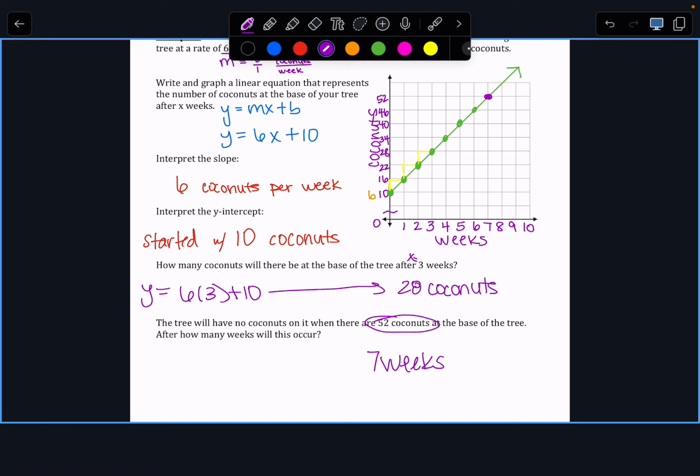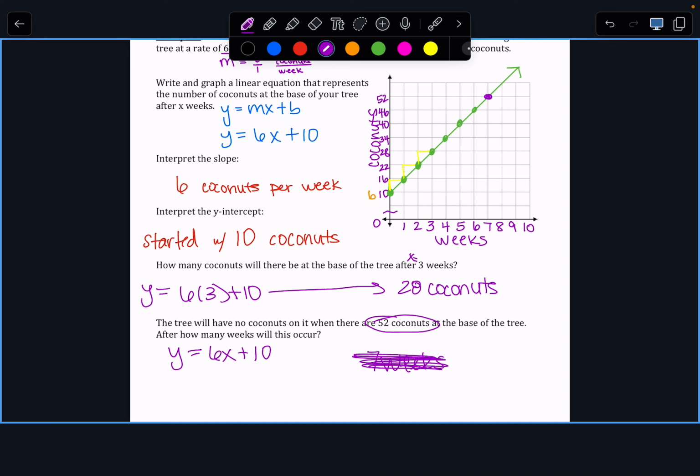Okay? Now, let's say our graph was really bad. Y equals 6x plus 10. Would we be putting 52 in for x? What would we be putting it in for? Instead of x, I'm pretending I don't know the answer.